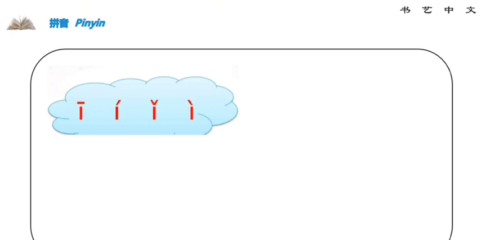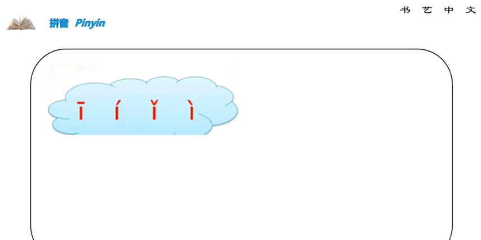There are 4 tones in Chinese, respectively called the first tone, the second tone, the third tone, and the fourth tone. So when these different letters are added with different tones, they become syllables. So how to read these syllables? Think about it for a while.